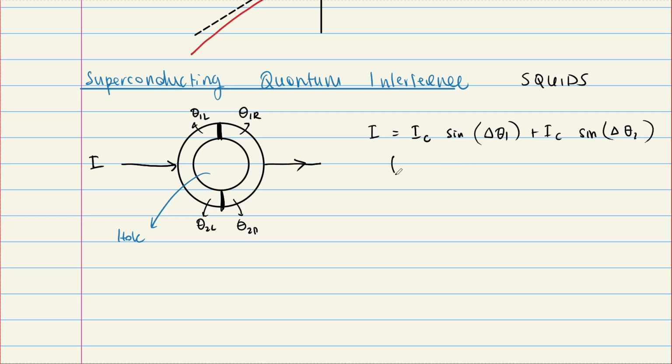So this is without flux. Now I want to put, right in the center of this loop, a magnetic flux. So this is a solenoid with flux phi.